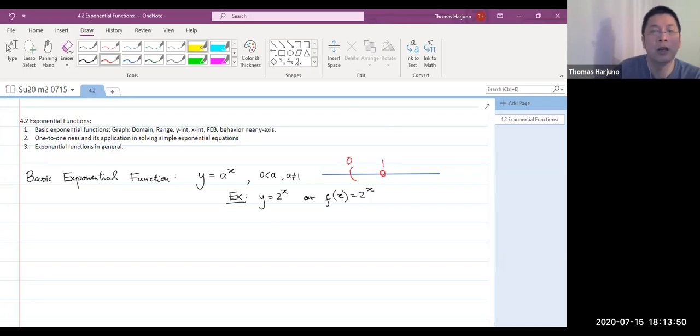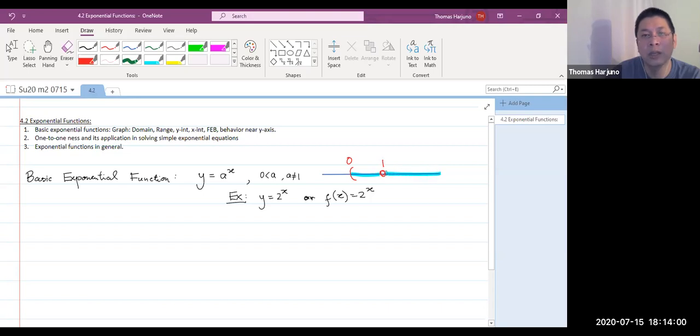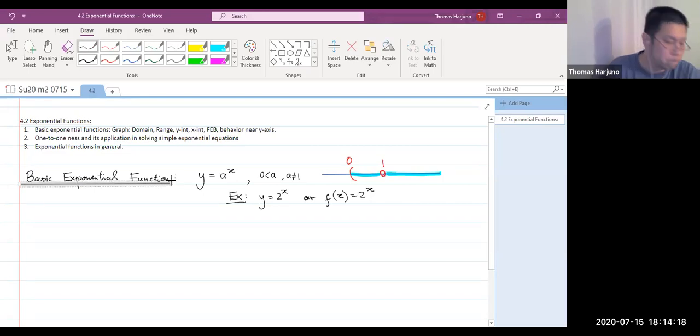The base can be anything in that range, but we will skip 1. I will explain later why we don't have the negative, the 0, or the 1. For now, the basic exponential function has a positive base, and it cannot be 0.